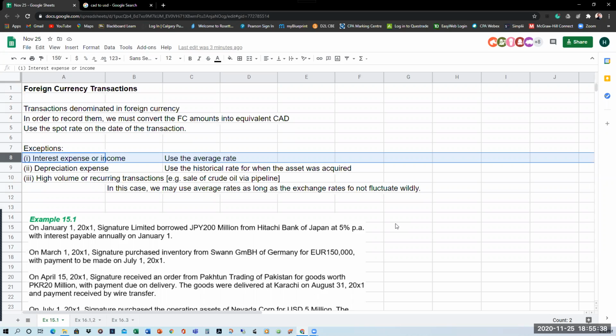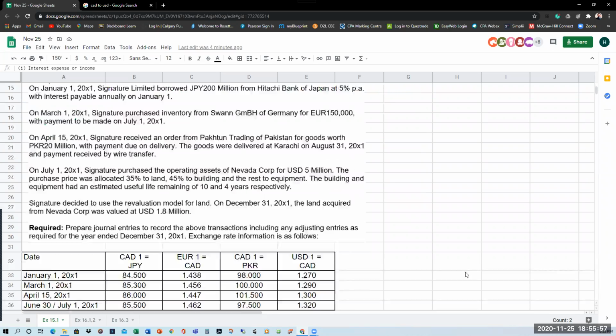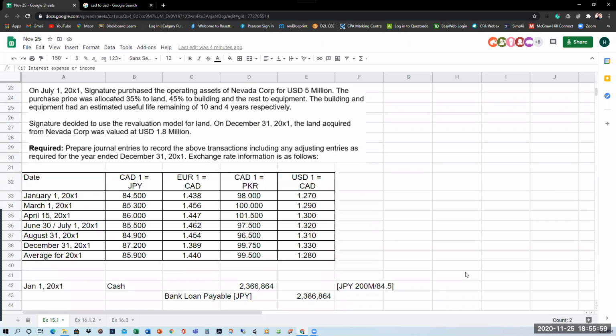Either way, when you're recording interest expense or income for the statement of comprehensive income, you want to use the average rate for that time period. So if we are recording interest expense for the year, we want to use the average rate for the year.